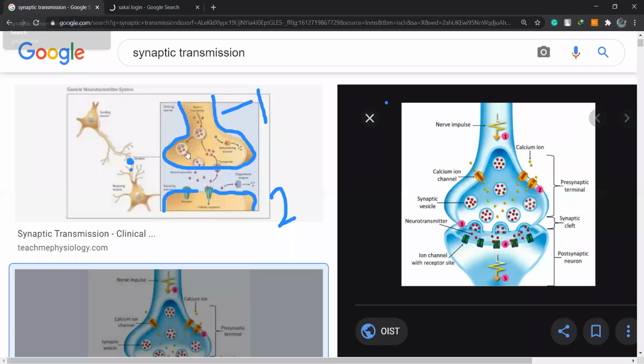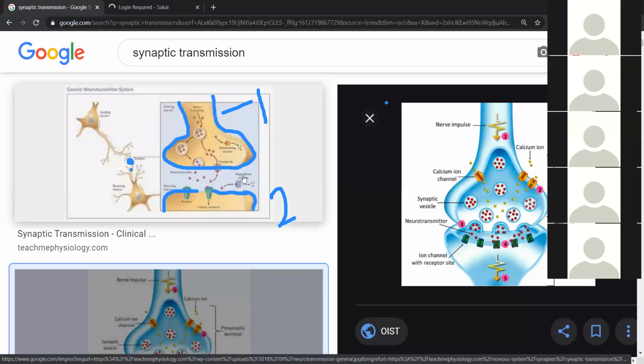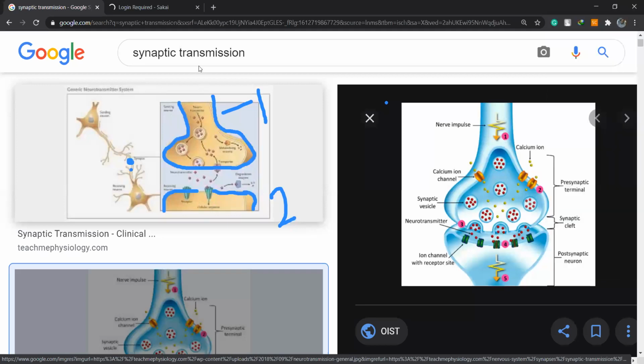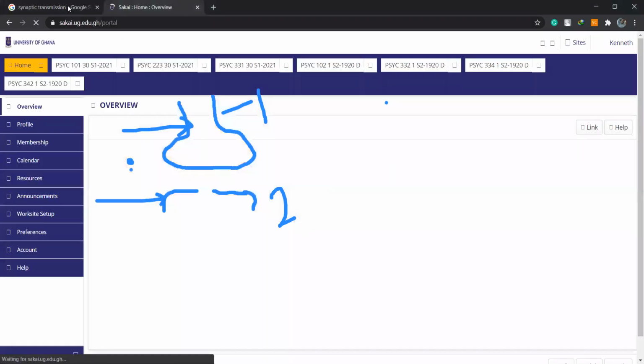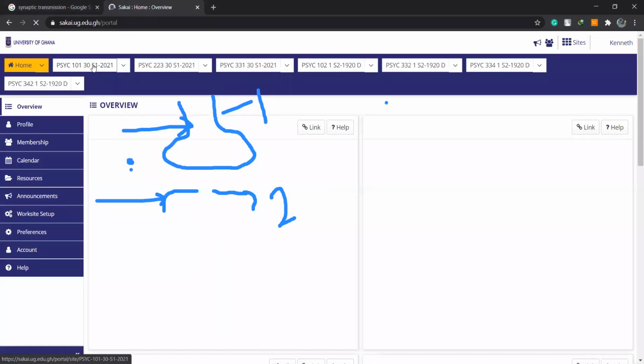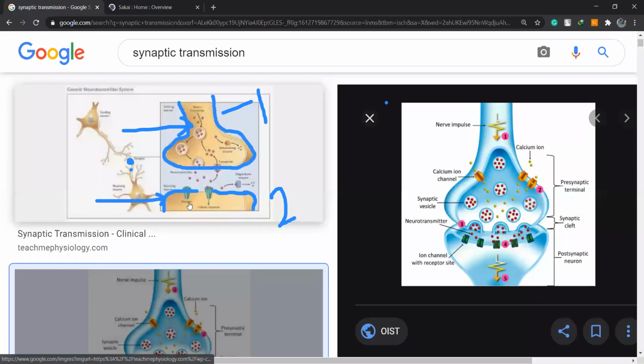All right. So that's the synapse. Let me continue on. In synaptic transmission, we have a name for the first neuron and the second neuron.